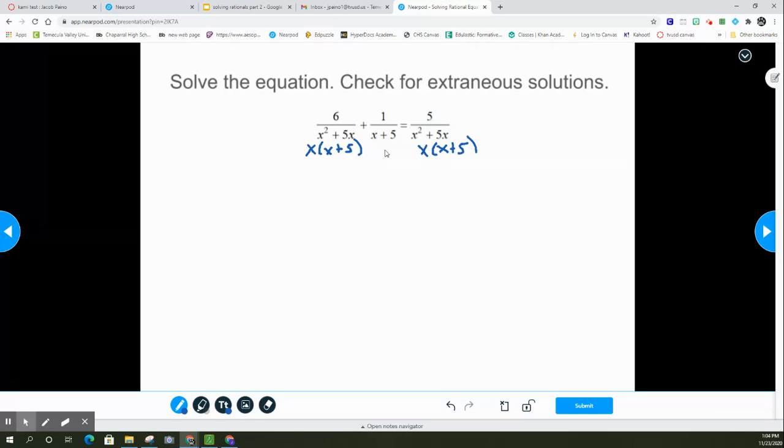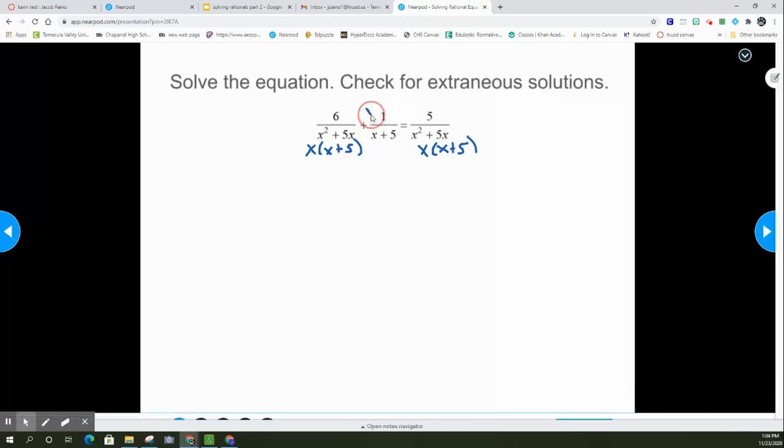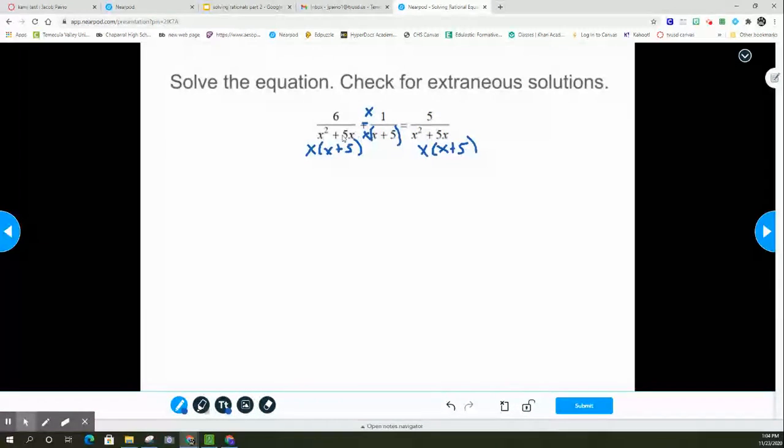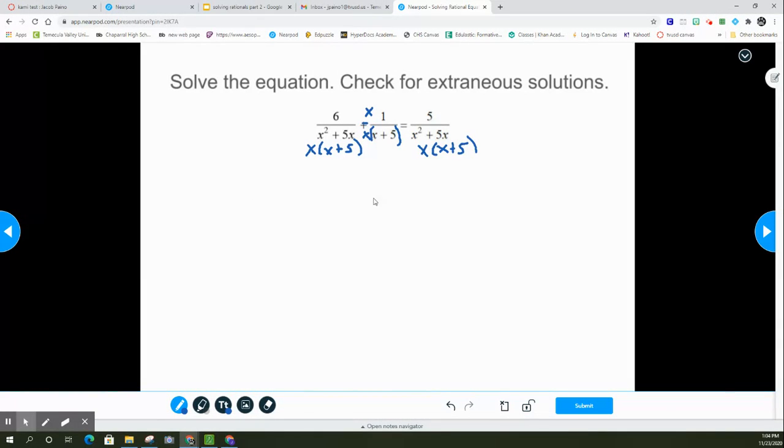Another way to clear the denominator, instead of multiplying both sides by that, is just creating everything to have that common denominator. So I'm going to multiply this one by x over x, to get that common denominator of x times x plus 5. And now, once all the denominators are the same, what we learned in the last class is that they all cancel out.